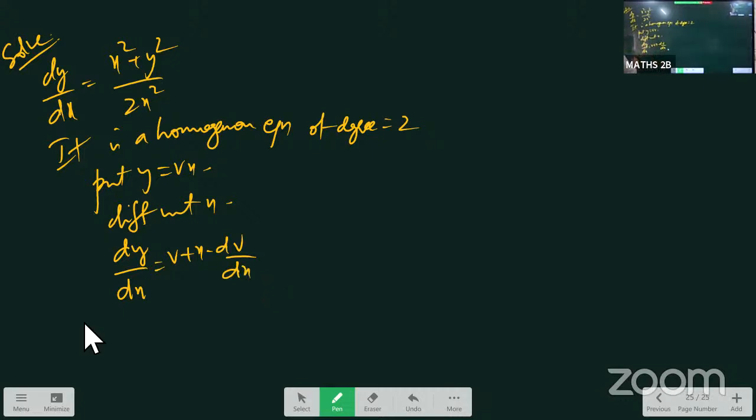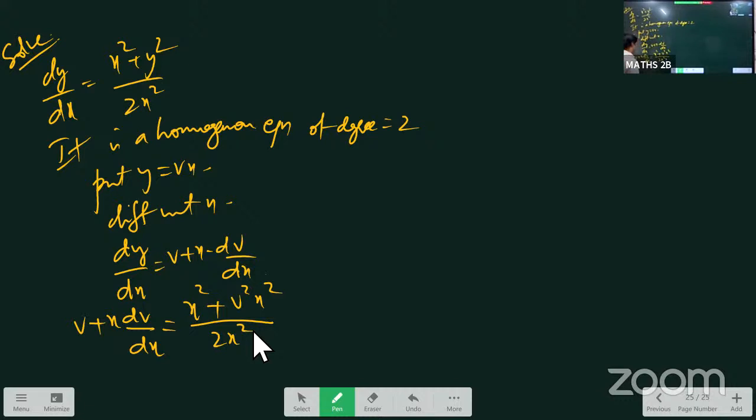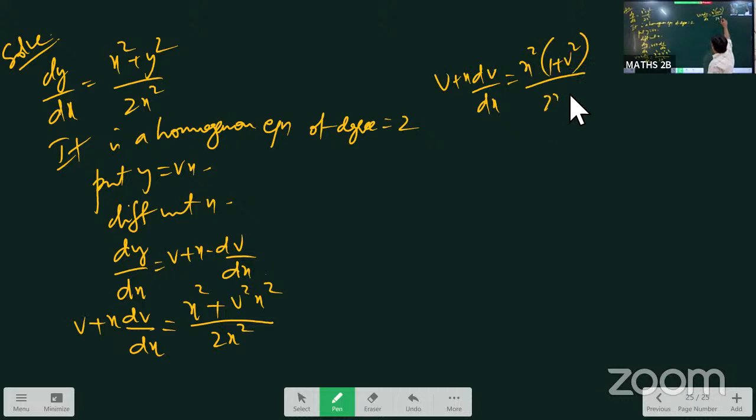Now, v plus x dv by dx is equal to x square plus y square by 2x square. What is y? You replace it. Y is nothing but vx, so y square is v square x square. Now v plus x dv by dx is equal to x square common, 1 plus v square by 2x square.